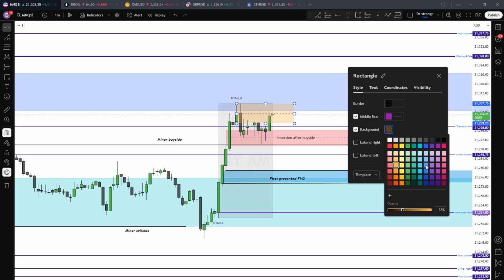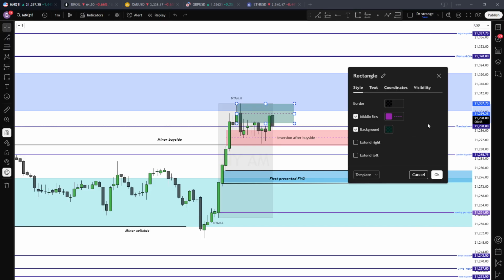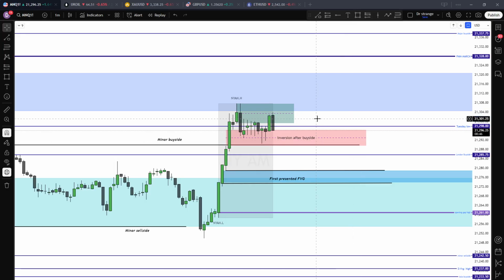We know that we are on the wrong side of the market if we start trading in the upper half of that order block. So we're still in the lower half. We close below this to act as a propulsion block to take us lower.